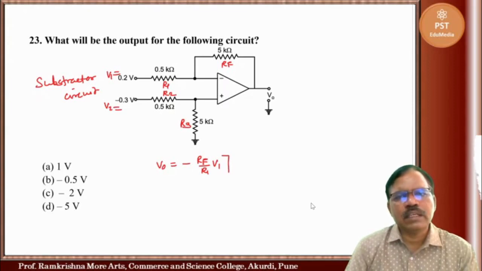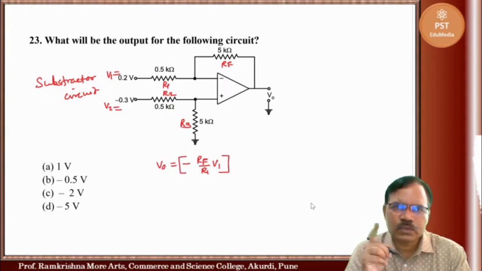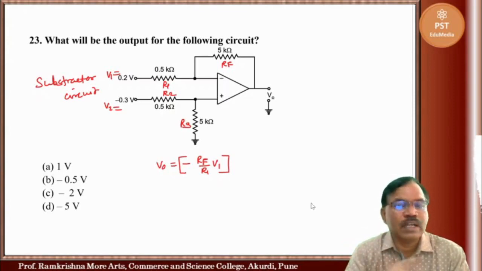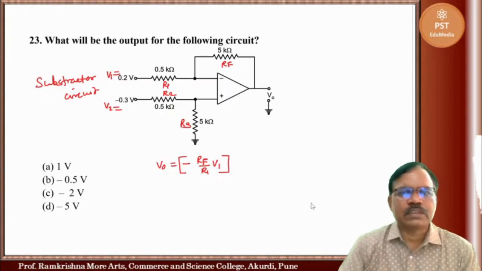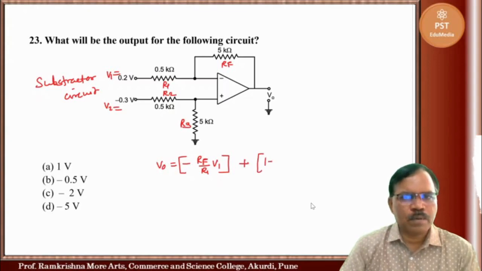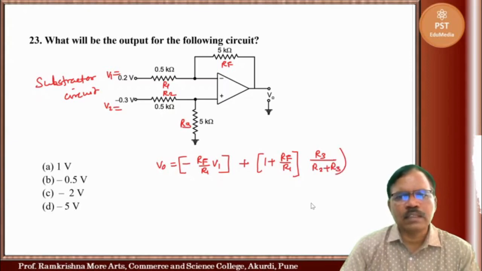Now this is the output voltage when signal is at the inverting terminal and the non-inverting is grounded, plus, now you can have 1 plus RF upon R1 into R3 upon R2 plus R3 into V2.